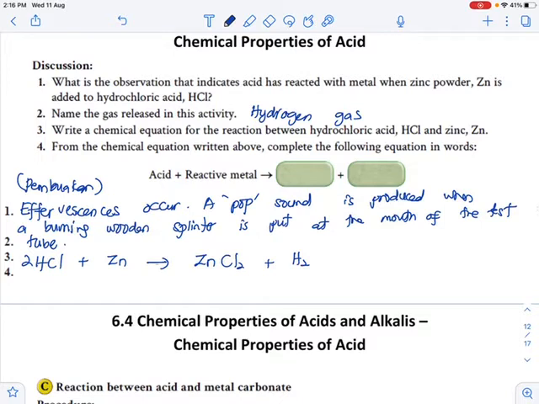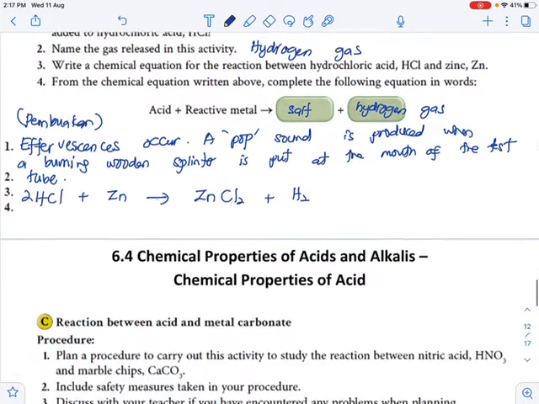And number 4, from the chemical equation written above, complete the following equation in words. Acid reacts with reactive metal to form salt and hydrogen gas. Okay.